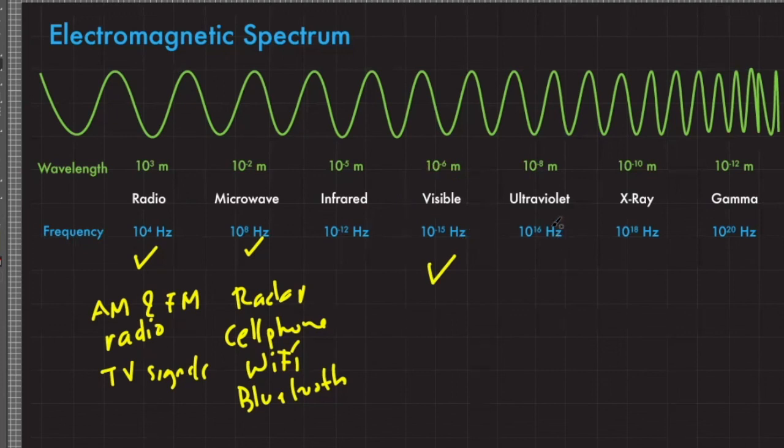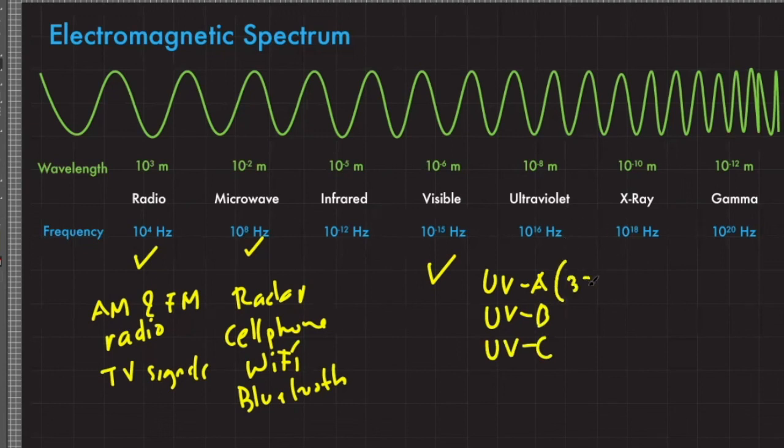Next, ultraviolet radiation. Ultraviolet waves are EM waves with wavelength from 400 nanometers to 10 nanometers. UV waves coming from the sun are divided into three: UV-A, UV-B, UV-C. This division is based on their wavelength.